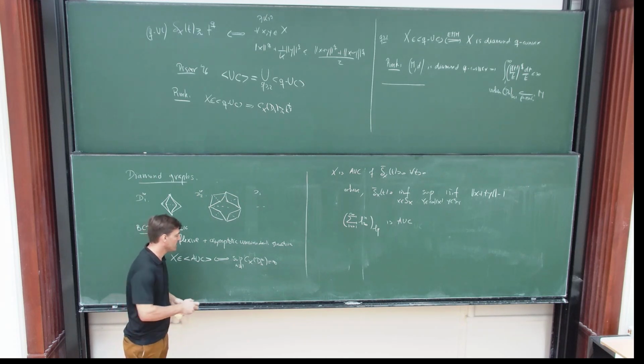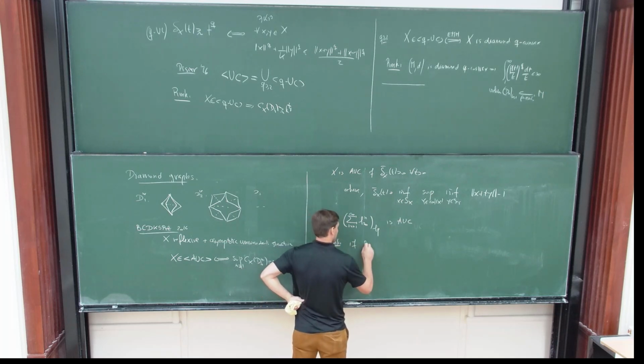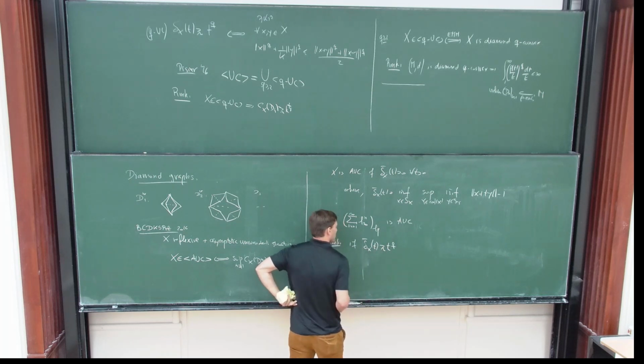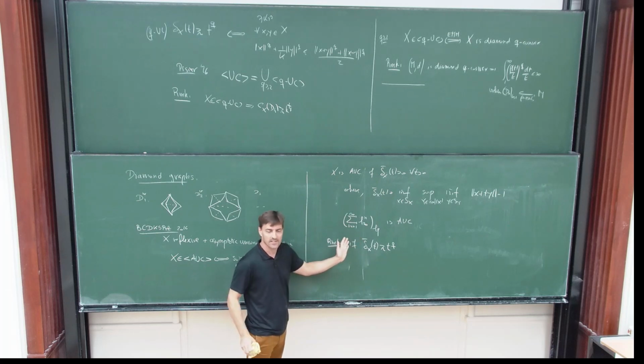Here this is a remark. If X has cotype q, so now the range of q is between 1 and infinity. It's not like in the local case where it has to be at least 2.